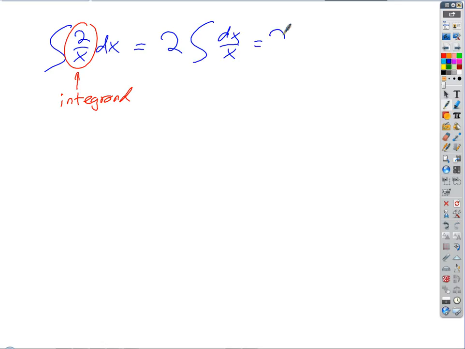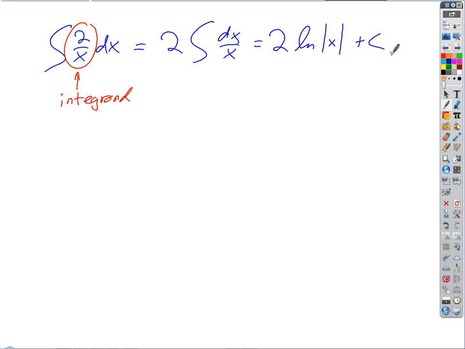So this is just 2 times the natural log of the absolute value of x plus c. And why do we need that absolute value there? Because it may be negative. Yeah, because the natural log function is only defined for positive arguments, right? Positive values of x in this case.